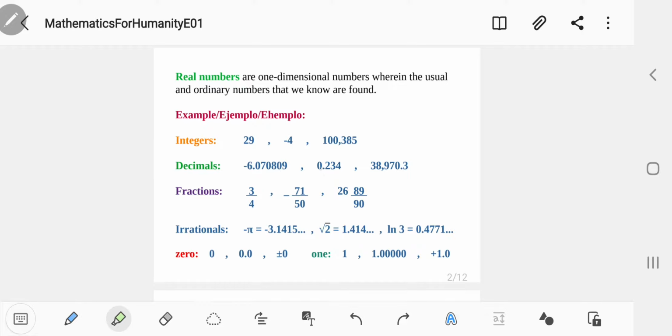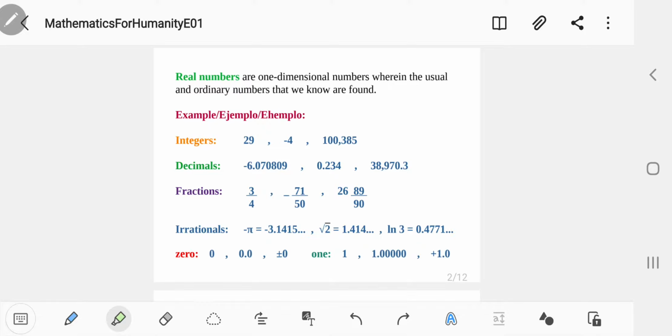The other one is 0.234. The other one is 39,970.3. All of the three numbers there have a point included in the expression of that number. So that's the decimal point there.